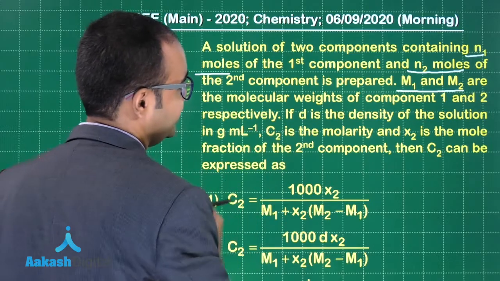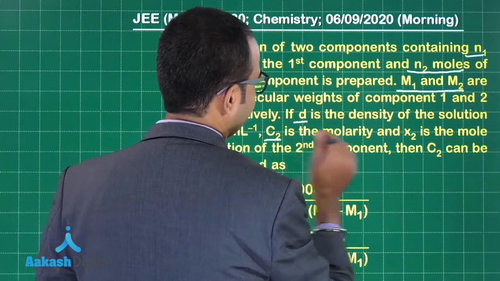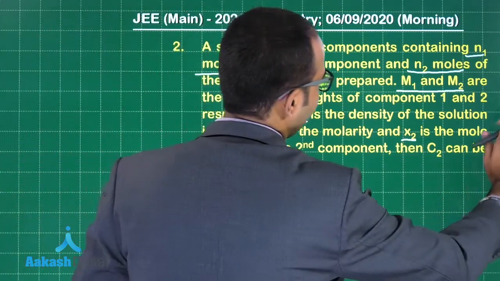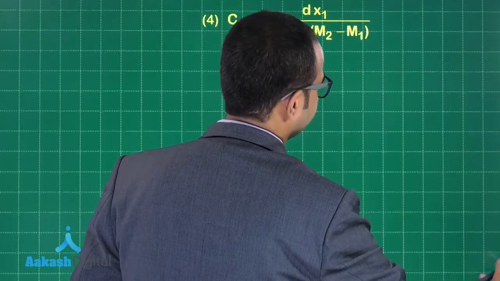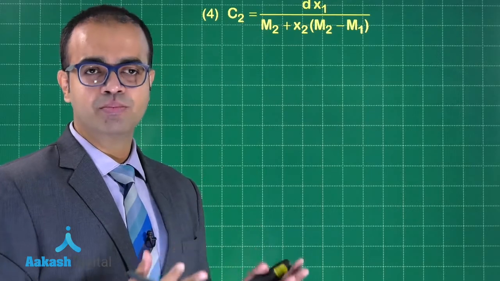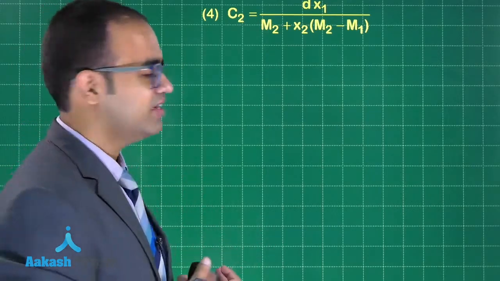Then we have the density is D, okay, concentration and X2. So here what we will do is, see, it's just a sum where the values are not given, they have kept the symbols as it is, right? So we have to use those symbols and solve it. Let's see.